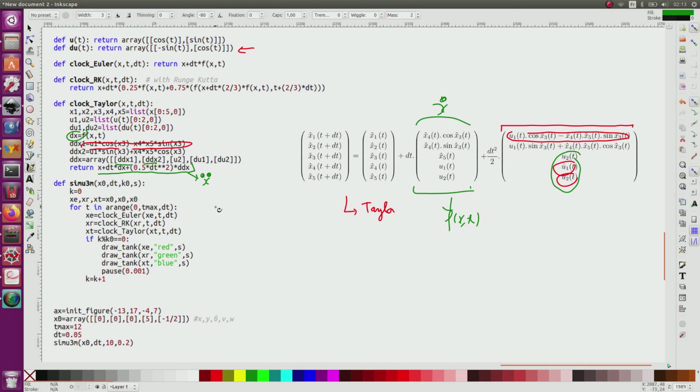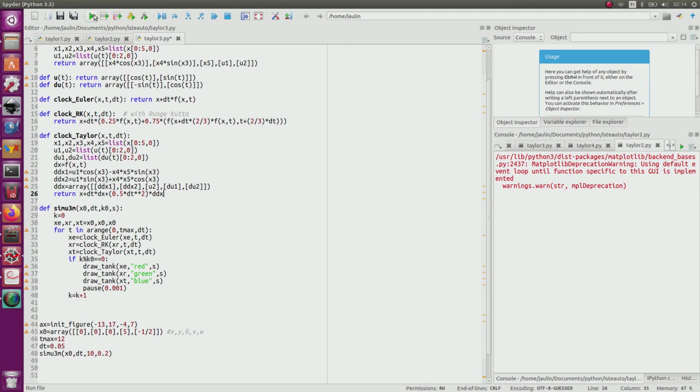Okay, for the simulation of the three methods, I will call the Euler, the Runge Kutta, and the Taylor method, and I will draw with different colors: red, green, blue. Blue corresponds to the Taylor. So I run the program.